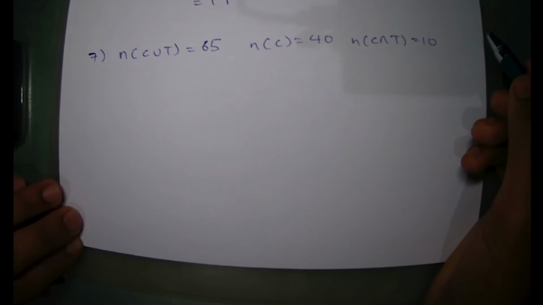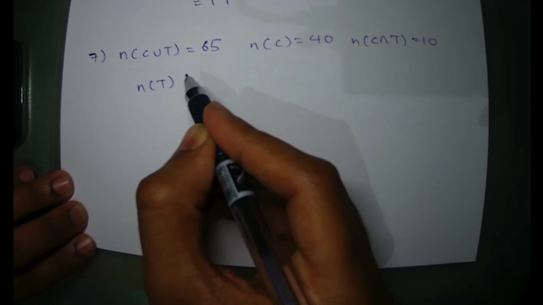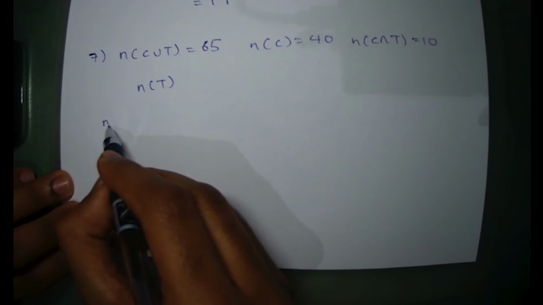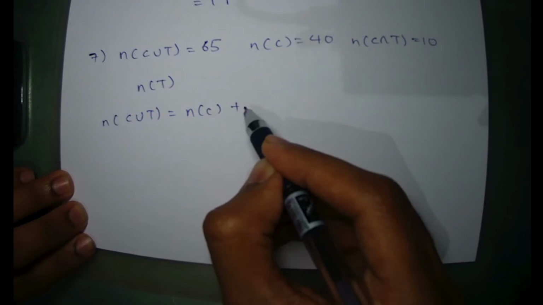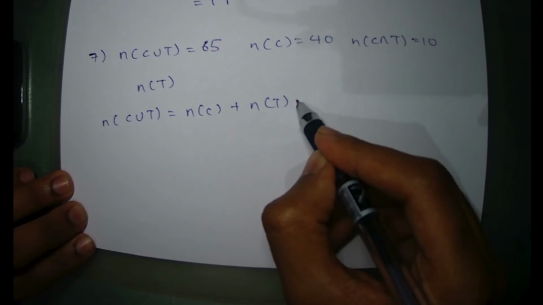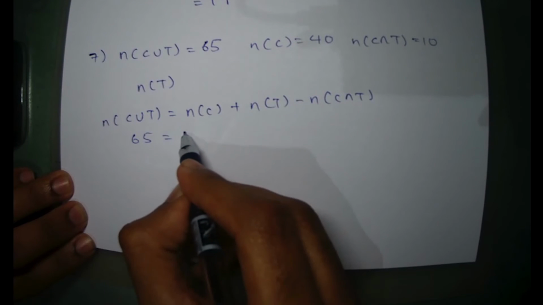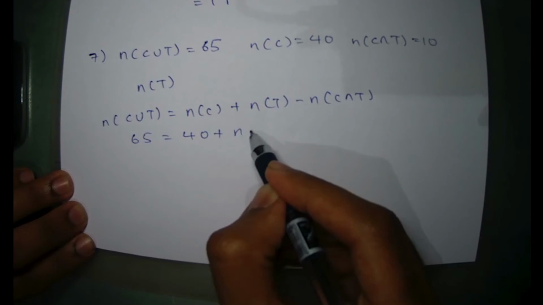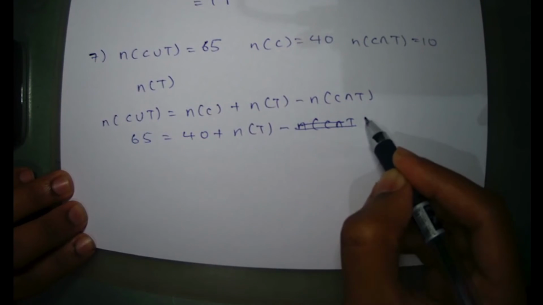So we have to find how many like tennis and not cricket, and we have to find how many like just tennis. So how many like just tennis is NT. So this can be found easily, and C union T is NC plus NT minus NC intersection T. So we have 65 is equal to 40 plus NT minus NC intersection T, which is nothing but 10.